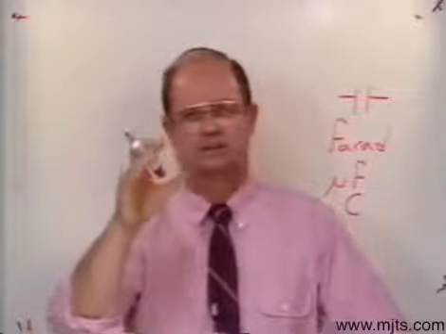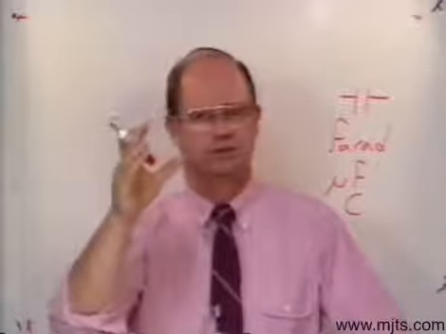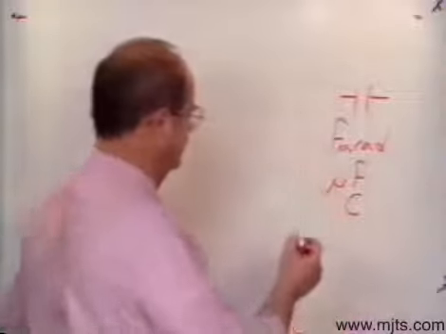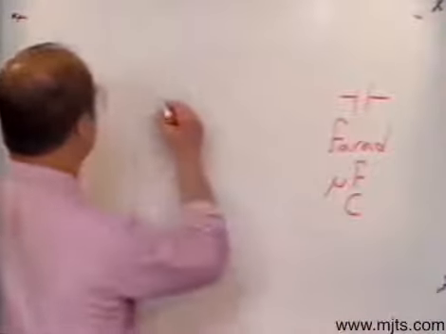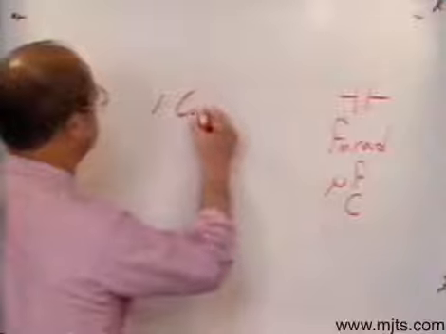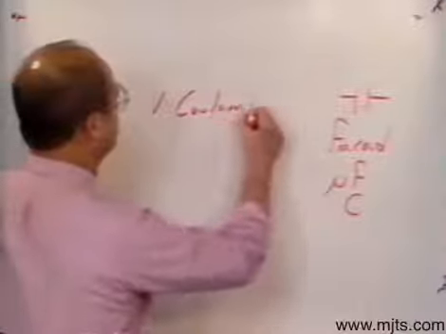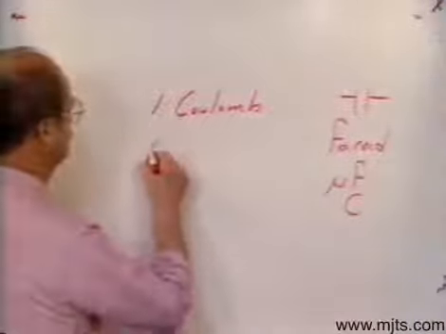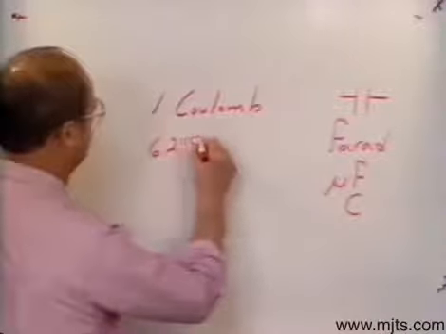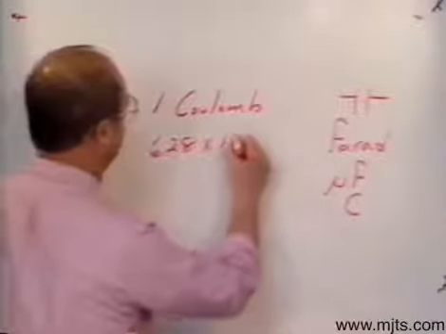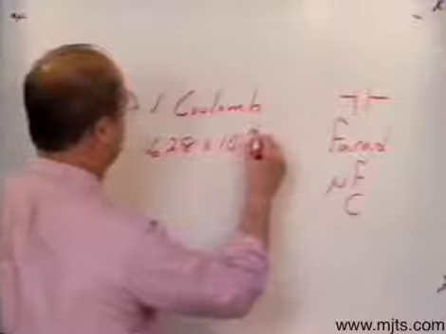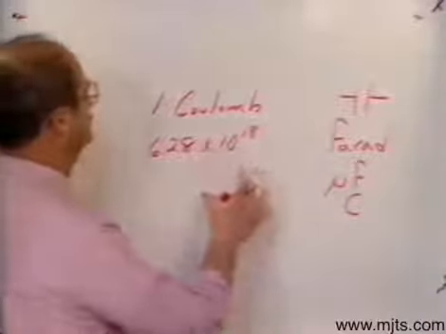quantity of electrons, and we're going to use a coulomb again. Remember we said that 1 coulomb was equal to 6.28 times 10 to the 18th power electrons.